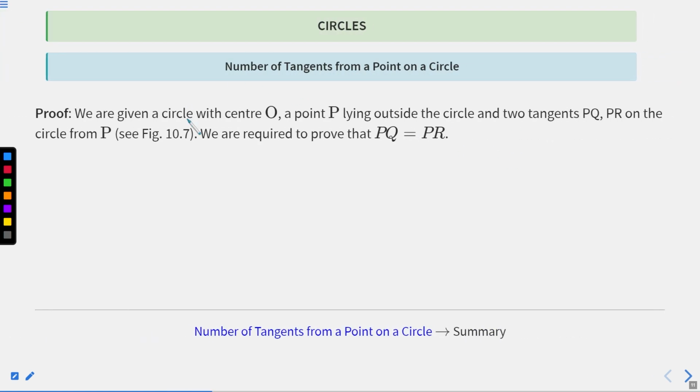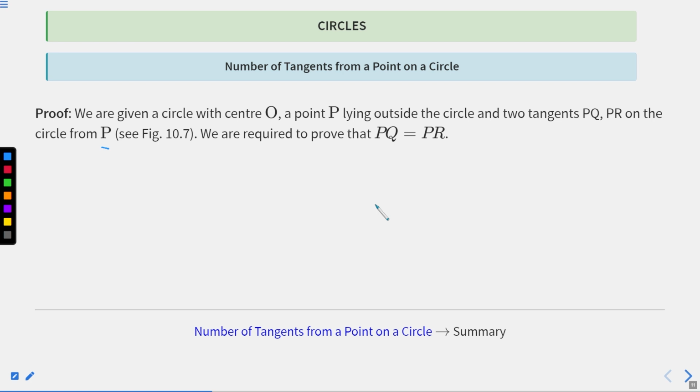We are given a circle with center O, a point P lying outside the circle, and two tangents PQ and PR on the circle from point P. That is shown in figure 10.7.